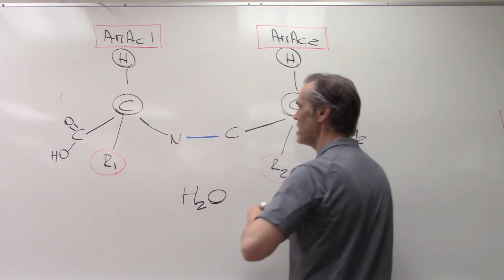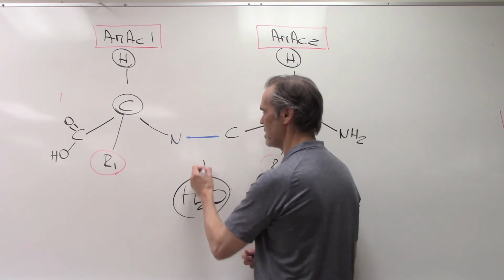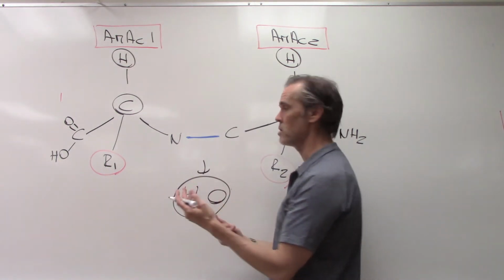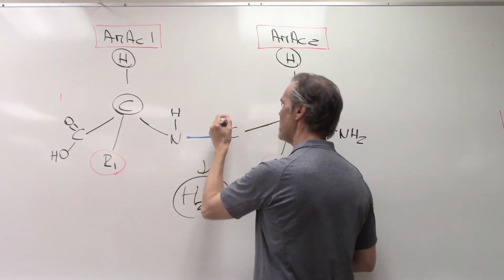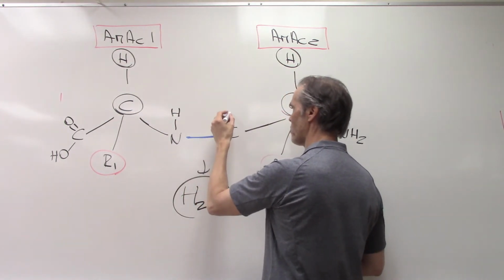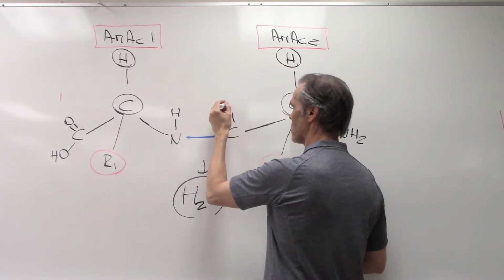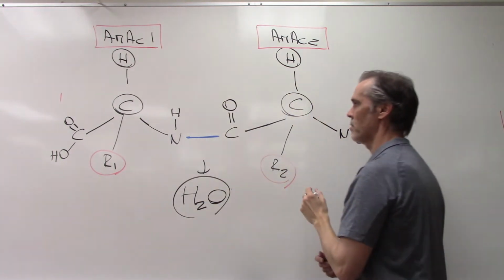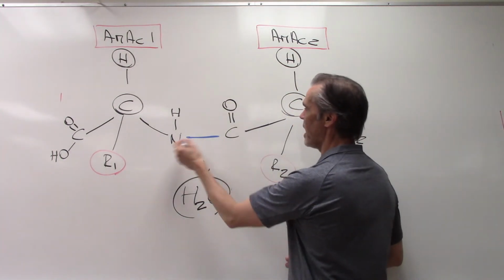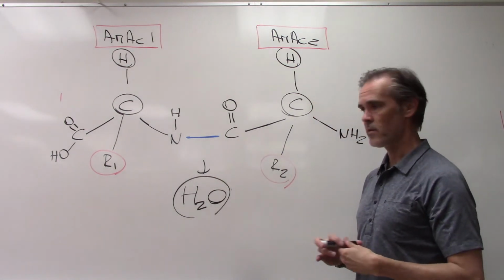And then on that side, remember what I have left after water is created and expelled through the condensation reaction. Then what we have here is an NH, and then an H as well, right? So that is my link between those two amino acids.